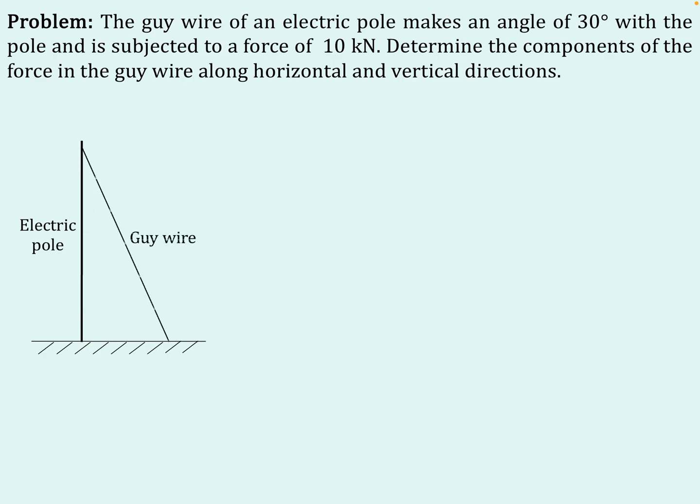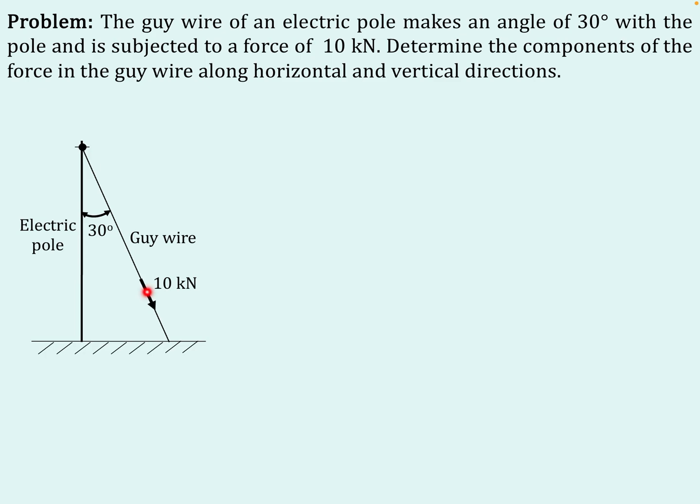Sometimes to support this properly, a guy wire is attached at the top and pulled and anchored into the ground also. That means the guy wire is here, making an angle of 30 degrees with the pole. This is the situation, and it is subjected to a force of 10 kilonewtons. It means in the guy wire there is a downward force of 10 kilonewtons. So this is the situation.